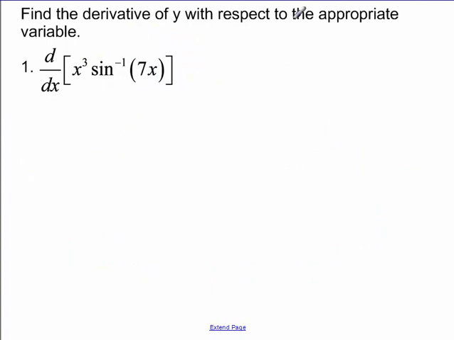Okay, derivative of y with respect to the appropriate variable. There's really not a y in there, but I'm doing the derivative of this function. We have a product rule. One function, another function.